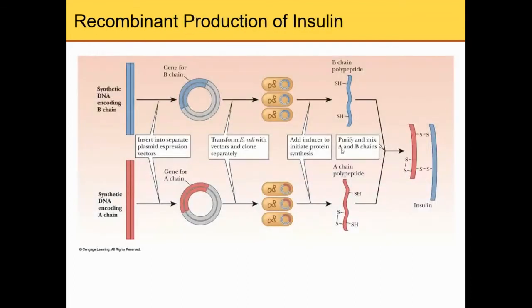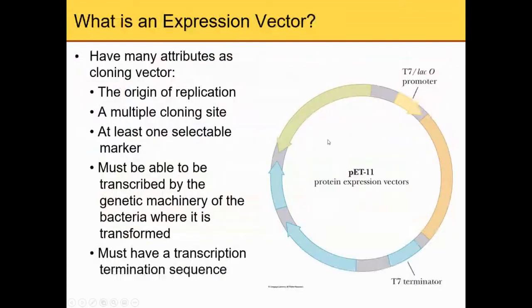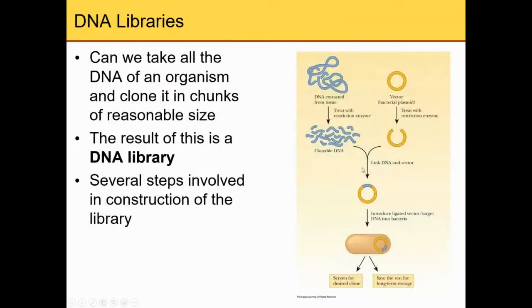Okay, so it's just like this. You have the expression vector, and they can express the protein. For the expression vector, you need to have an origin of replication, and then a multiple cloning site, at least one selectable marker, and also it must be able to be transcribed in the host. That's the expression vector.